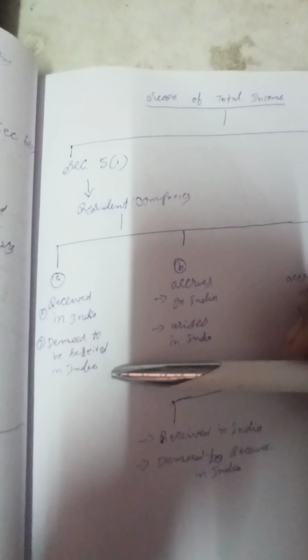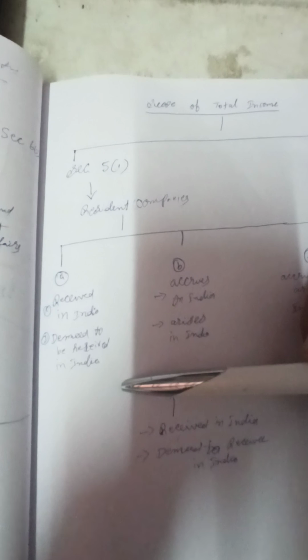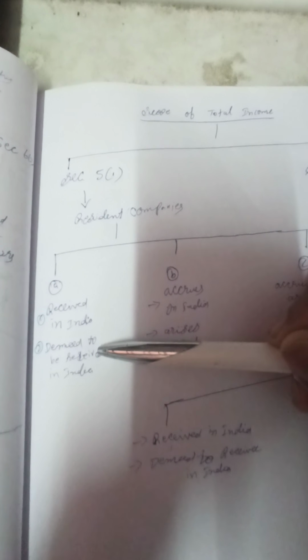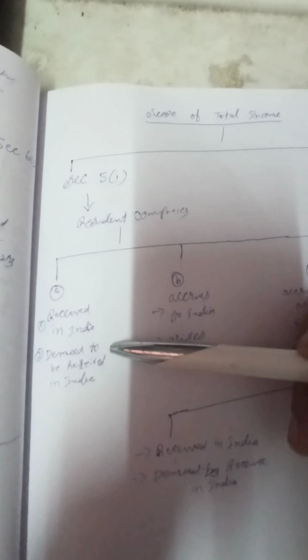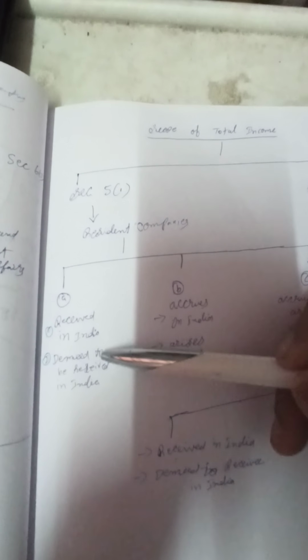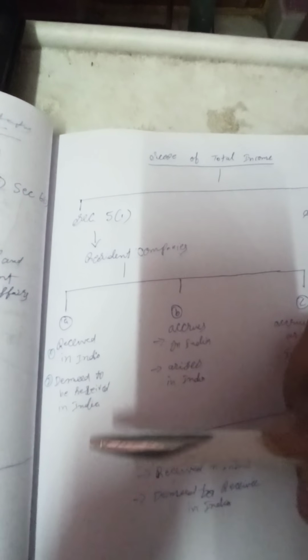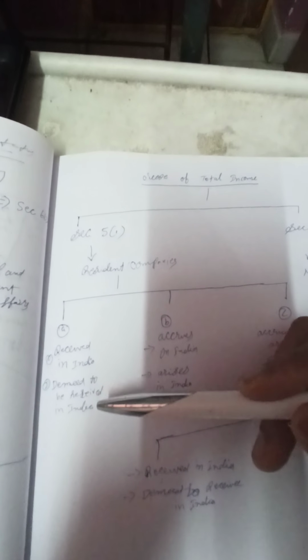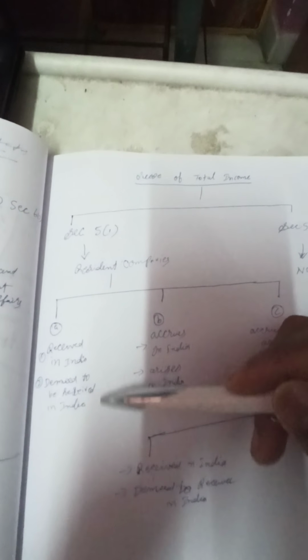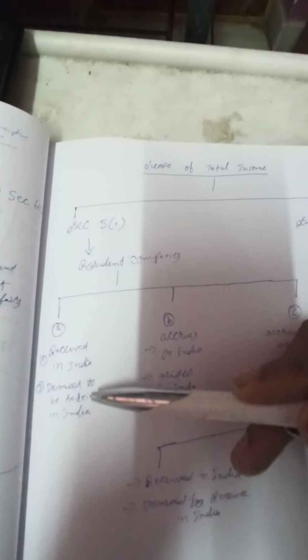The second one is deemed to be received in India. Suppose you have done the work in India, you went to some foreign country and you met an individual there, and he paid you the money which is supposed to be paid in India. You are supposed to receive the money in India, but you have received it in some other country, then still it is taxable in India. Clear?